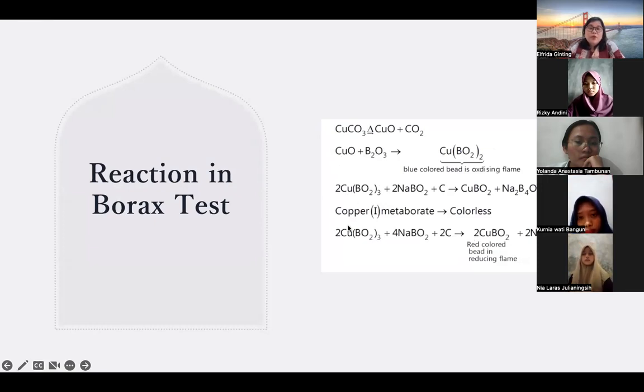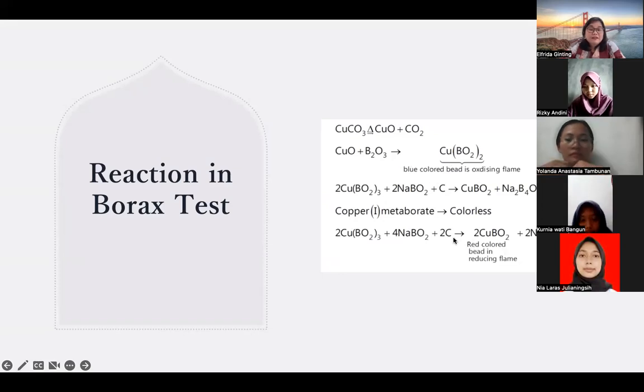So even though you have the same copper, with a different oxidation state the bead will give you a different color. Copper 2 gives you blue color, copper 1 gives you red color.